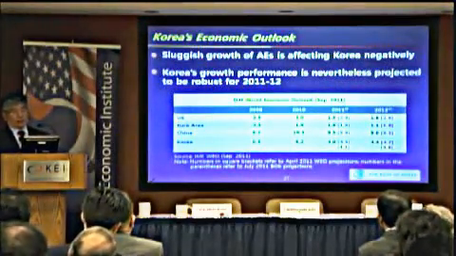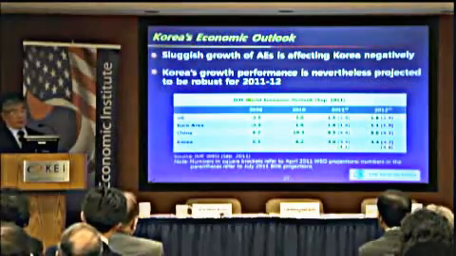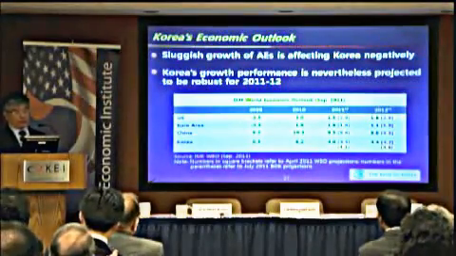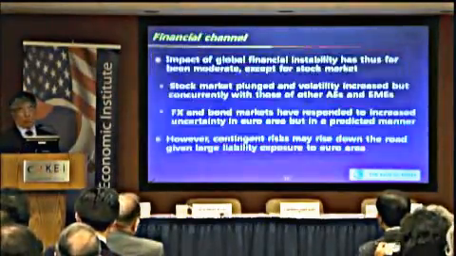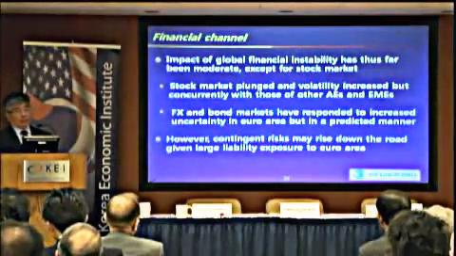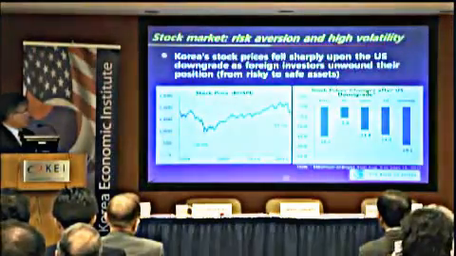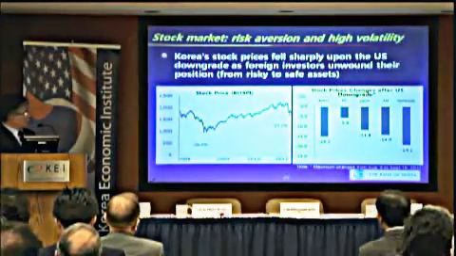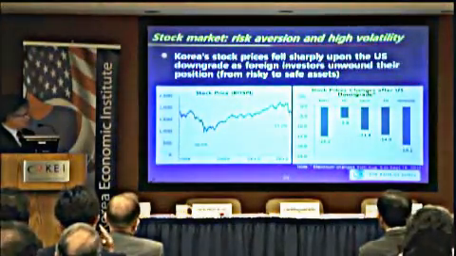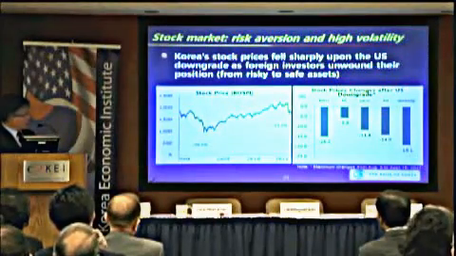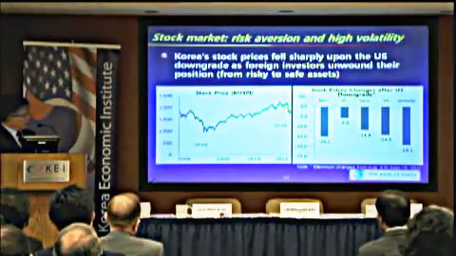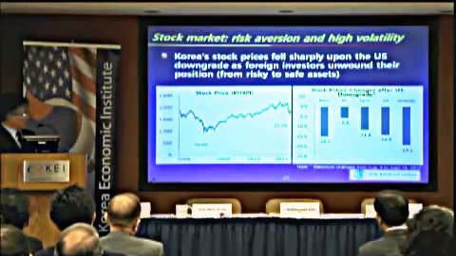This is the one which the IMF recently published, and as I already mentioned that, I will skip it. Then on the finance channel, I will just explain this by showing the diagram. Our KOSPI stock price index declined by 15% during last month.